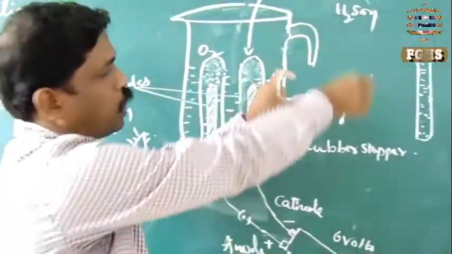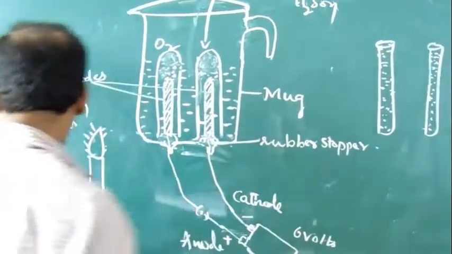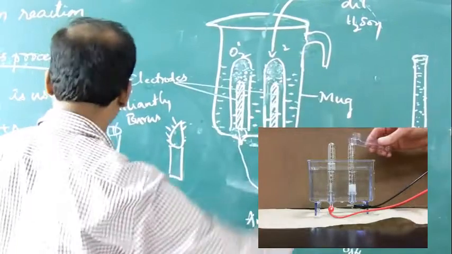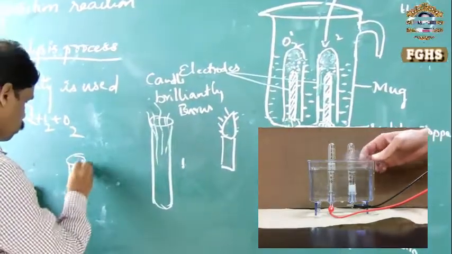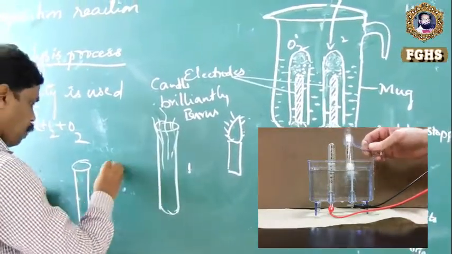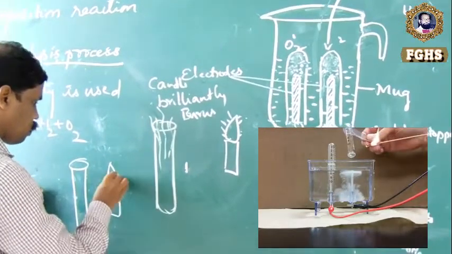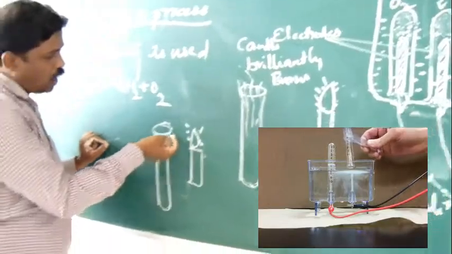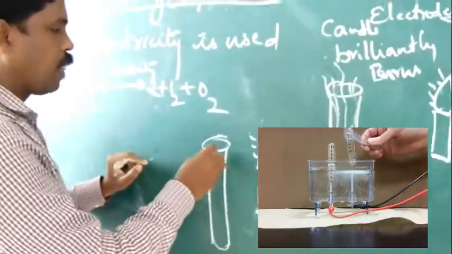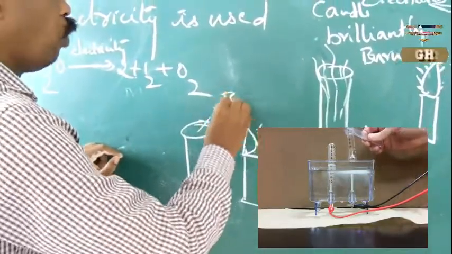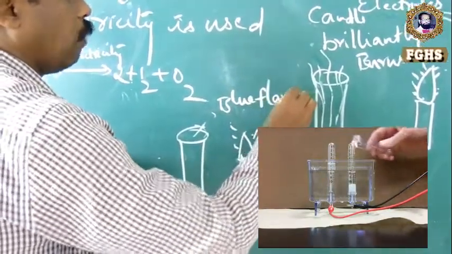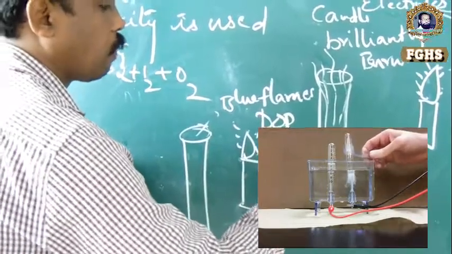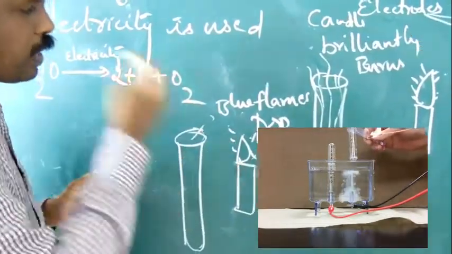Now you take the second test tube and remove it. If you bring the burning candle to the mouth of this test tube, it burns with a blue flame with a pop sound. That kind of sound can be heard.